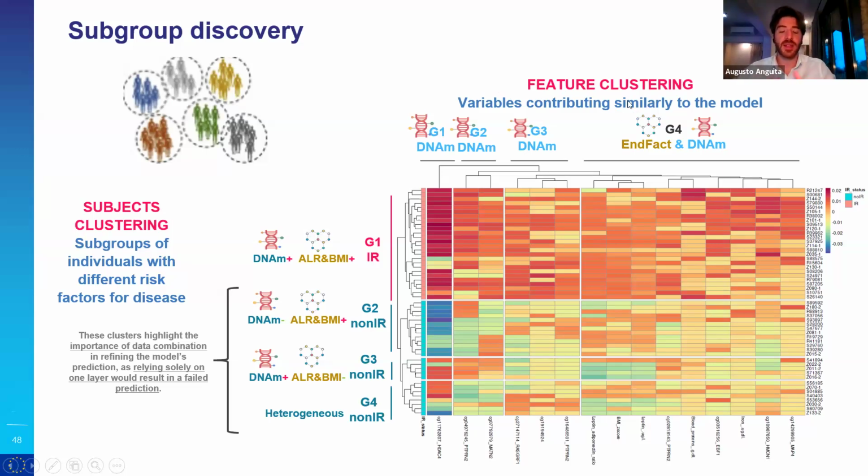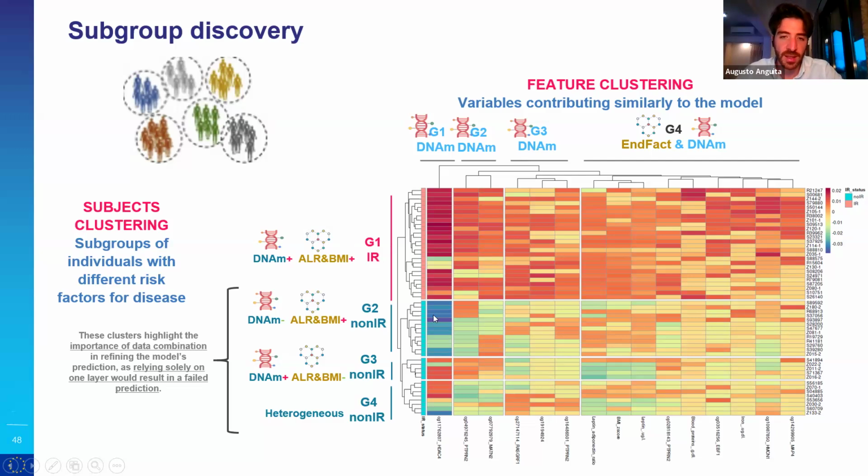That means that they cooperate to take decisions in the model in particular subgroups of individuals, but we can also get information on whether there are subgroups of individuals in which we find different risk factors for the disease. And this is what we did here. We identified four groups of variables, one of them integrating endogenous factors and DNA methylation, three of them only with DNA methylation, and then four groups of kids.